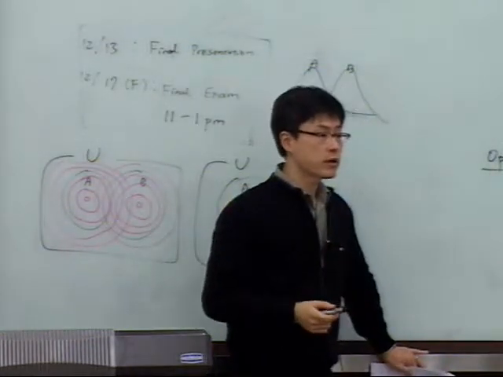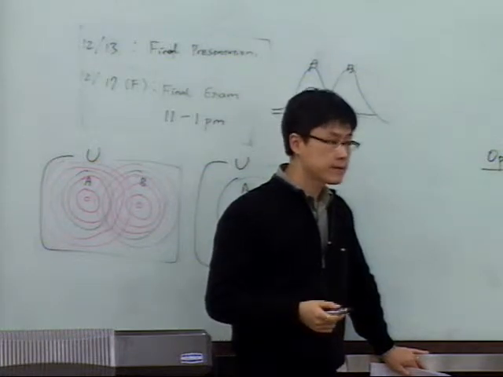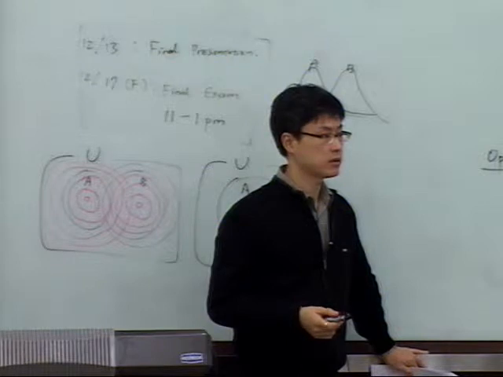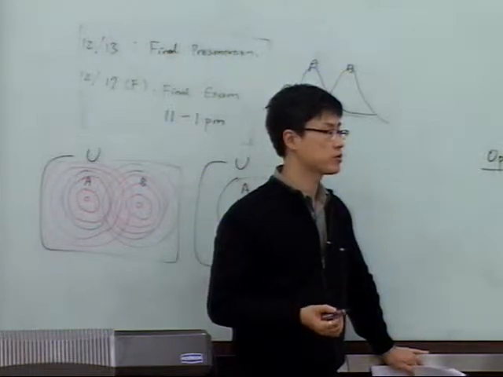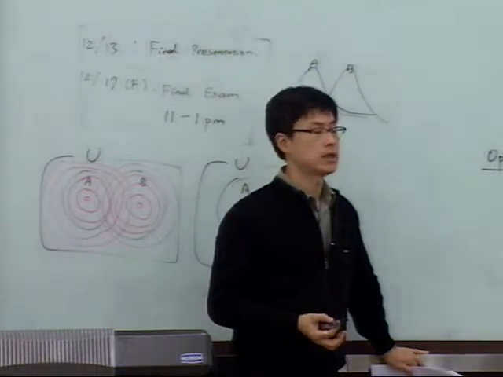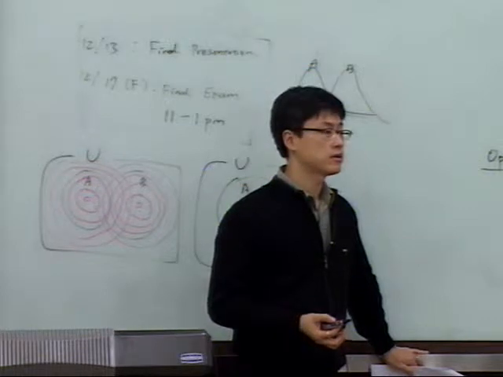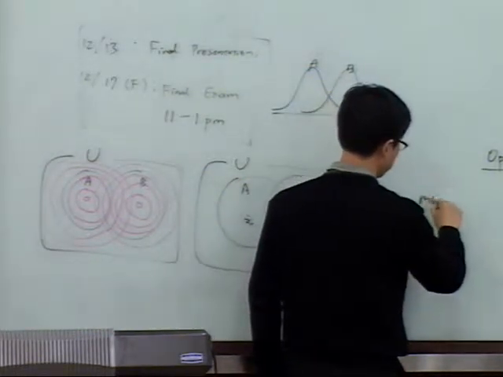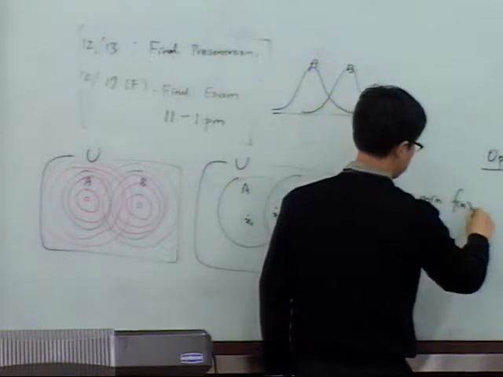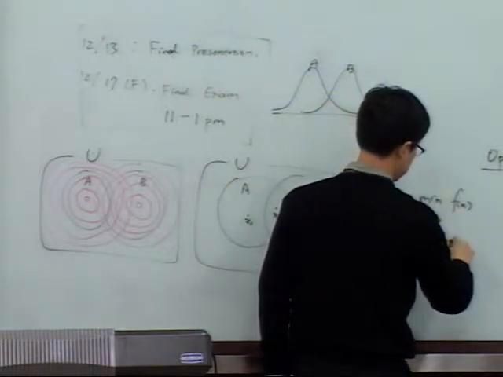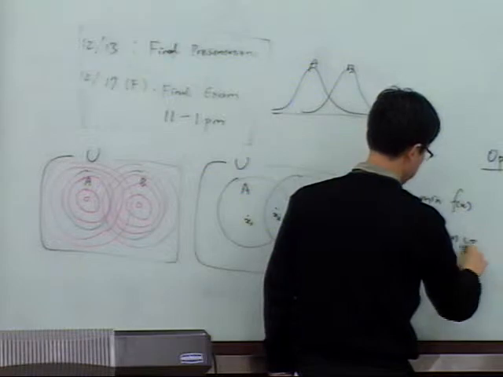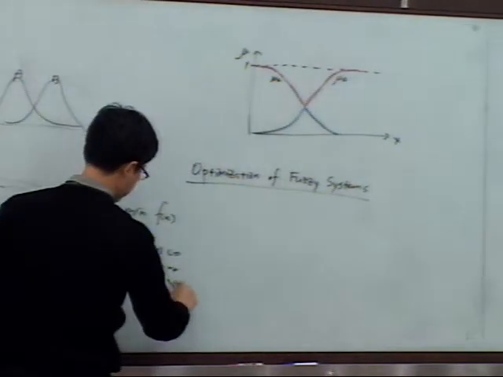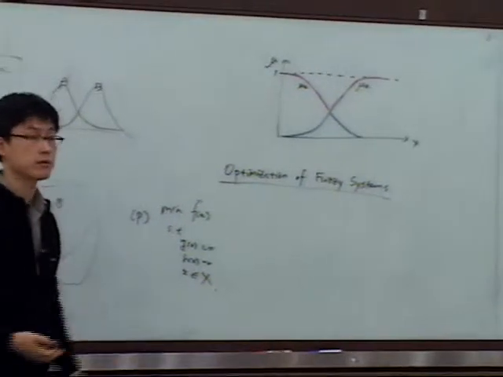In conventional crisp functions, if we are to optimize a crisp objective function with respect to crisp constraints, the problem will look like this. Okay, that's for the crisp function.